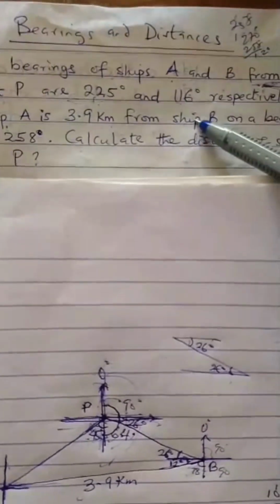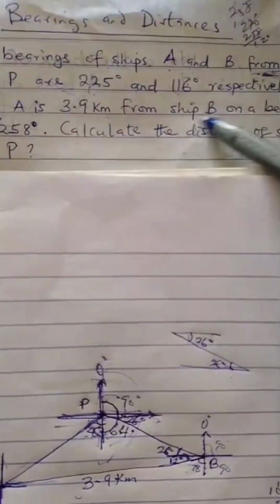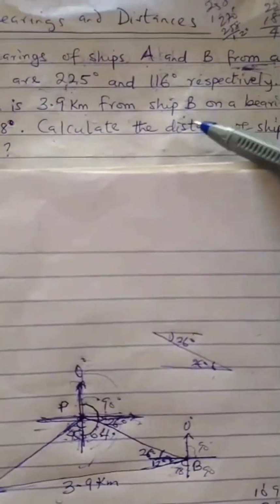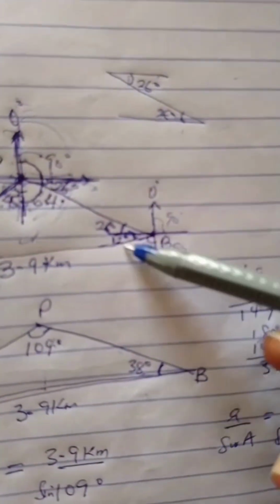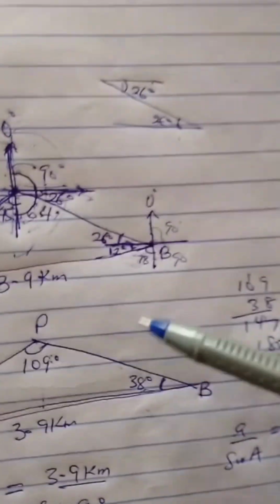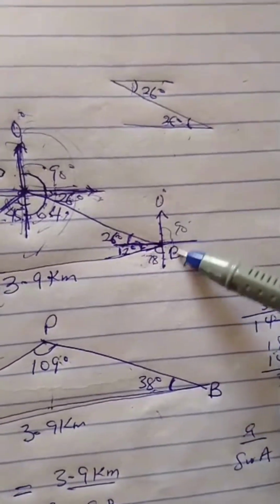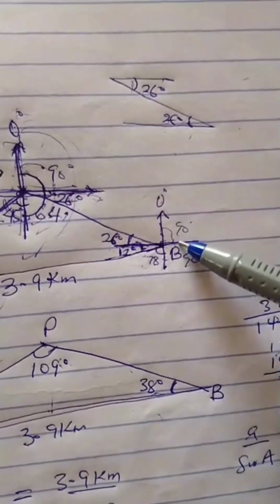It's that position that we're measuring from, which is B, that will be our cardinal point. On a bearing of what? A bearing of 258 degrees.